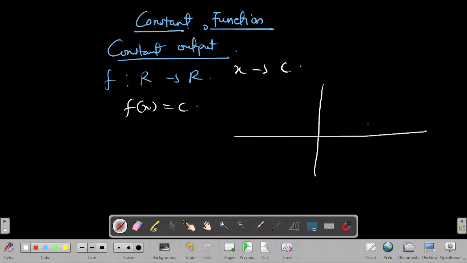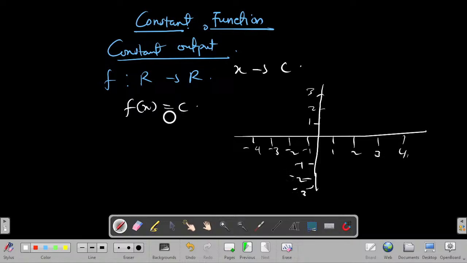I have this nice diagram. I have negative 4, negative 3, negative 2, negative 1, 1, 2, 3, 4. Remember, most of your domain always lies on the x axis, then your codomain lies on the y axis. So 1, 2, 3, 1, 2, 3.